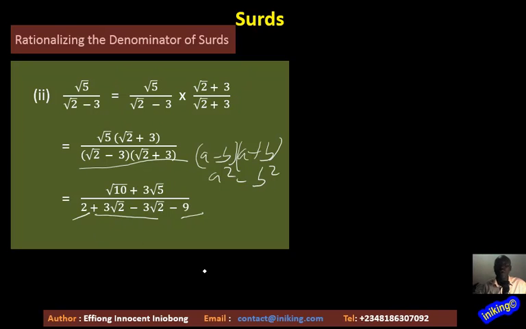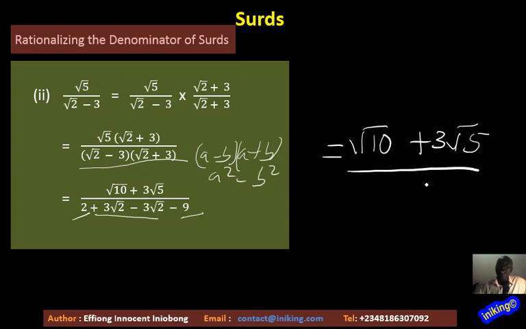Which means we are going to have this as root of 10 plus 3 root of 5 divided by, why bother myself, 2 minus 9. How? Square this, it gives you 2. Square the second one, it gives you 9, and subtract. That's A square minus B square.